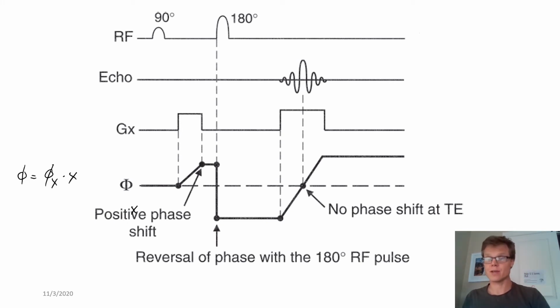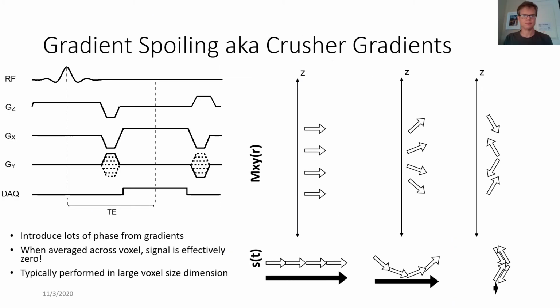There's a reversal of the phase by the 180-degree pulse, and then we can cancel that out with the same polarity of frequency encoding gradient. We get a gradient echo at some time where we have no phase. Okay.